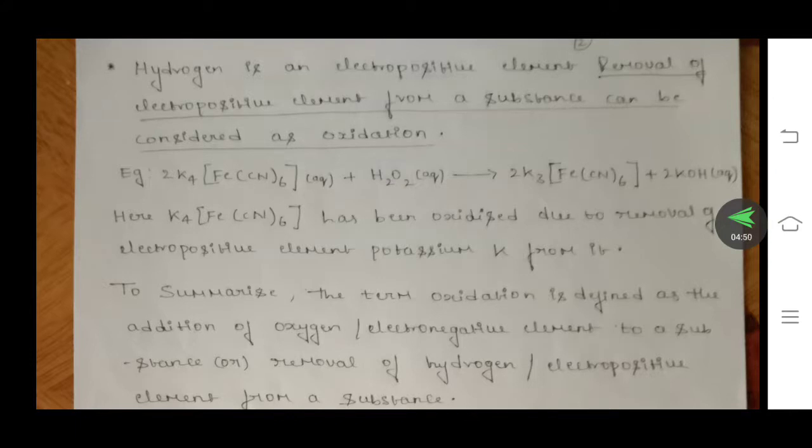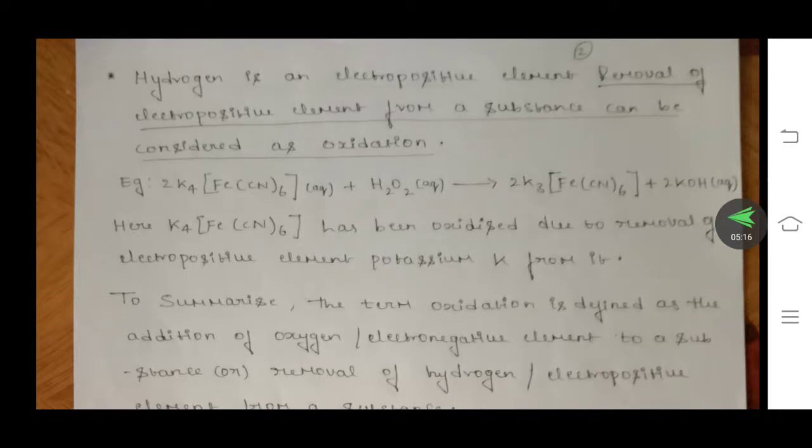Now look at the left side: how many potassium atoms are present? 2 into 4, a total of 8 potassium atoms on the reactant side. Check the product side: 2 into 3, 6 potassium atoms present. So how many potassium atoms are we removing? 2 potassium atoms combine with the OH group and are converted into 2KOH. That means we are removing 2 potassium atoms from the reactant.